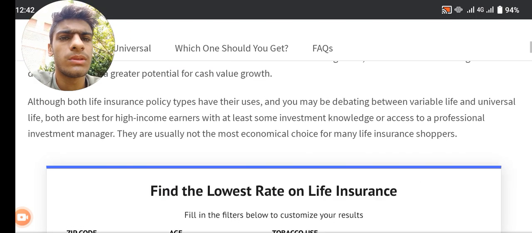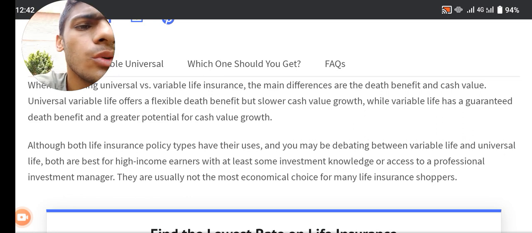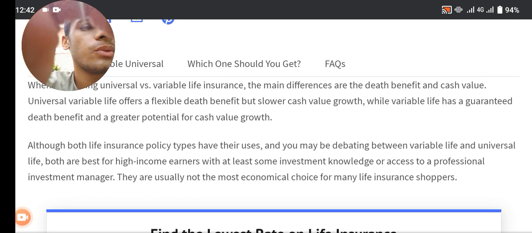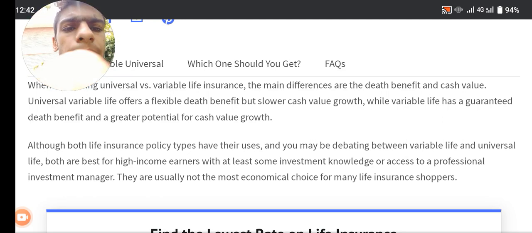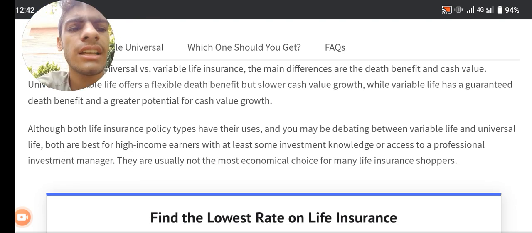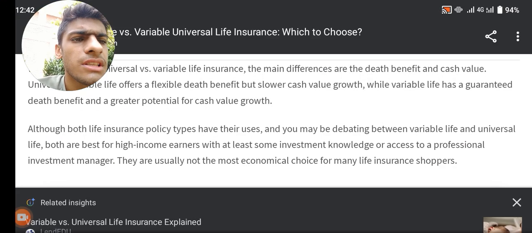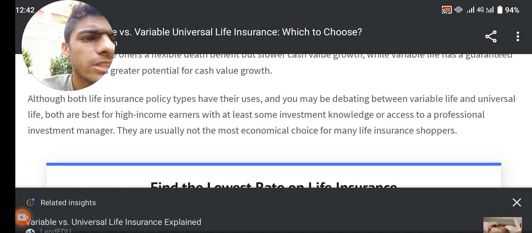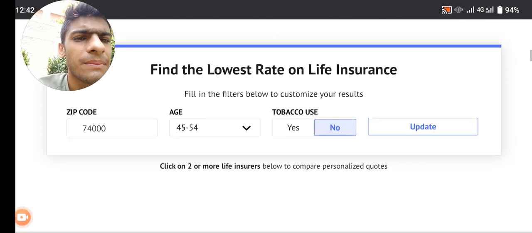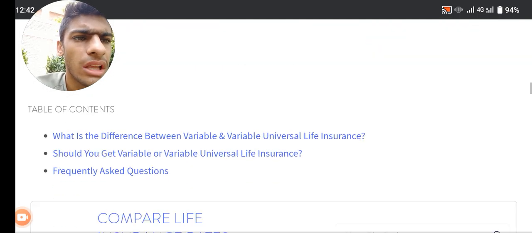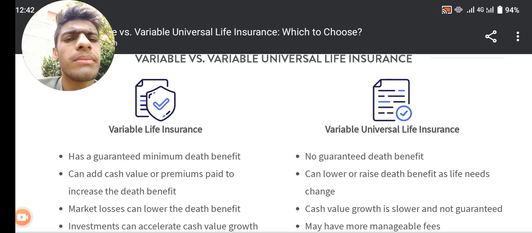A lot of both life insurance policies are the type where you can see the difference between them. Variable life insurance is best for high income and learning about these. You can see here there is a guaranteed minimum death benefit by default.